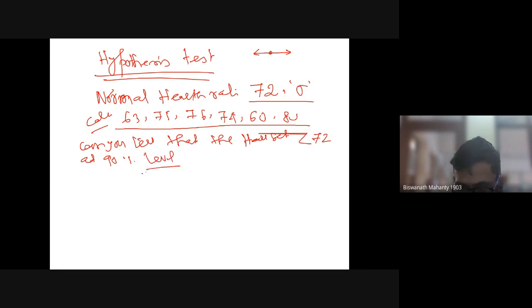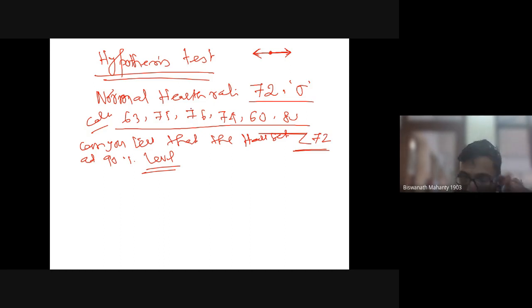Earlier at 90% level I was telling you the range, but now we are saying that the population heartbeat is less than 72. Is my comment true or not? If I put it this way, the question is only a little bit changed, nothing new.